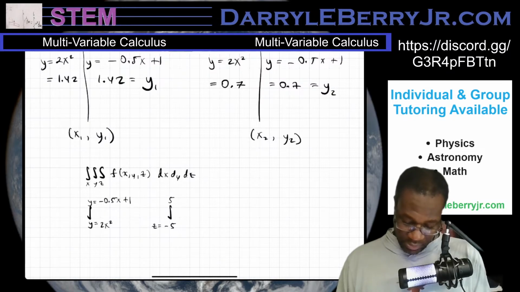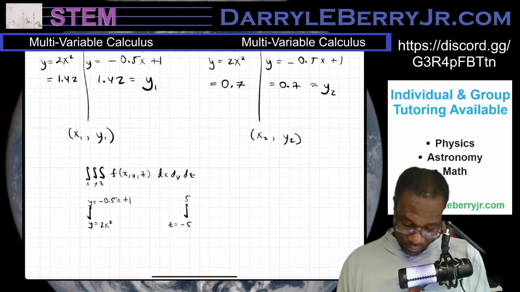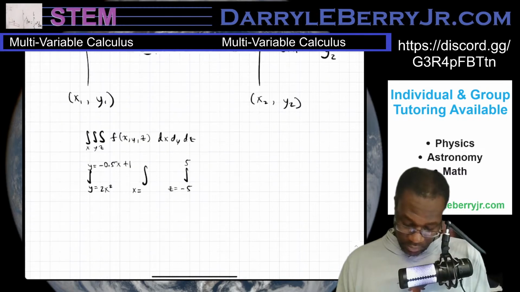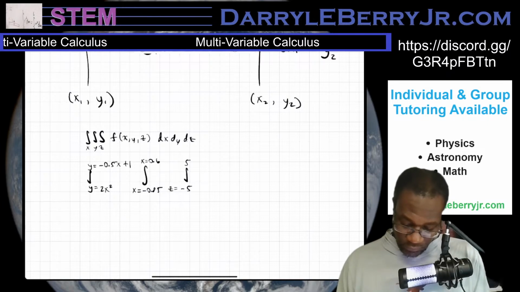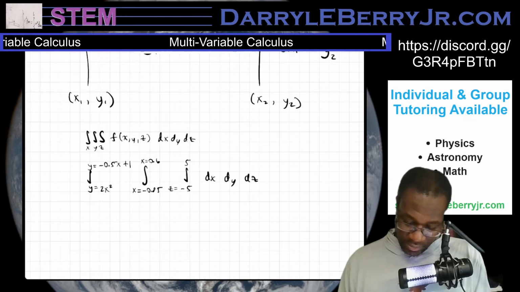So we'll have something like this: x equals negative 0.85 to x equals 0.6, and dx, dy, dz.